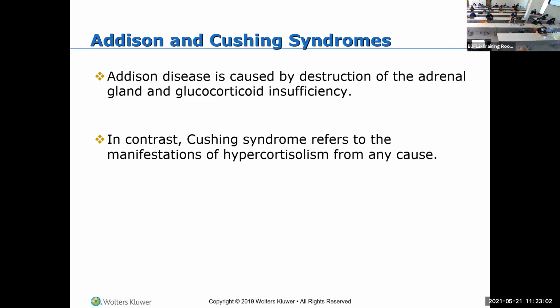This we call iatrogenic, because I prescribed it for the patient's survival, but the patient is suffering from Cushing syndrome. Moon face, we call, and deposition of fat in the nape of the neck. So those are the features of a patient with Cushing syndrome.